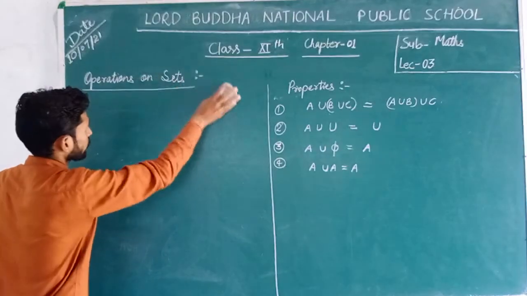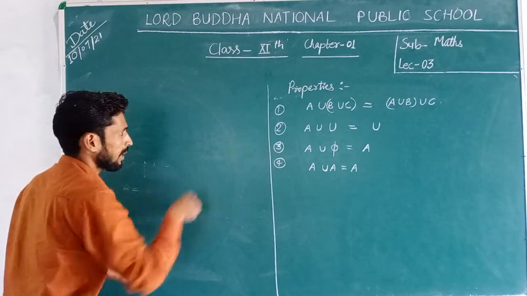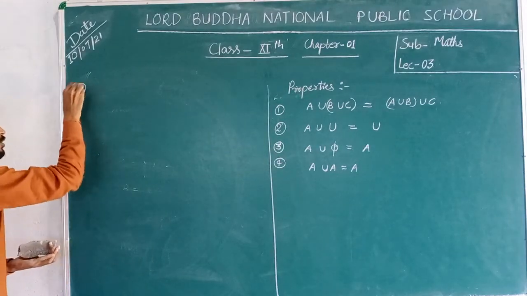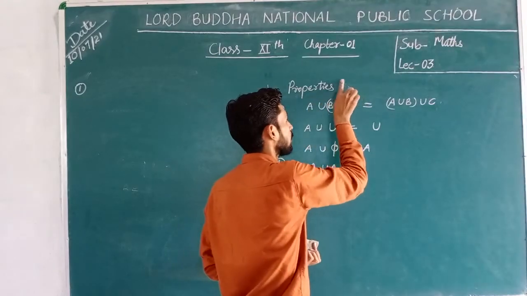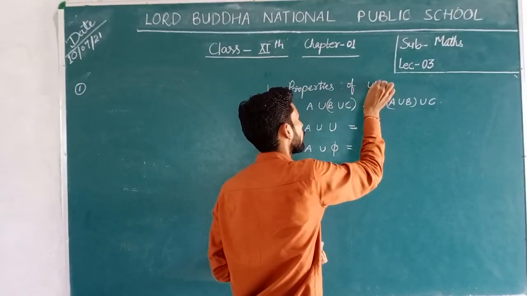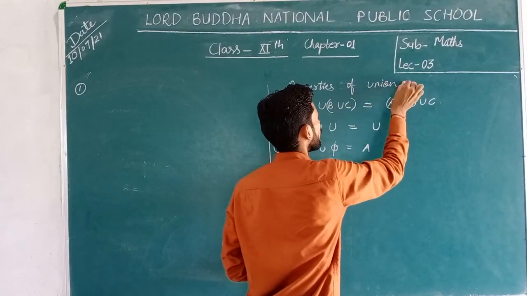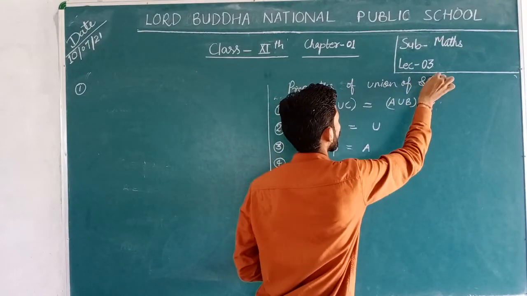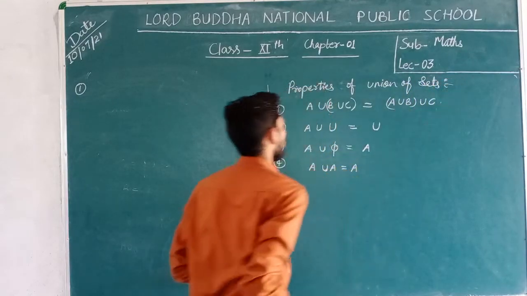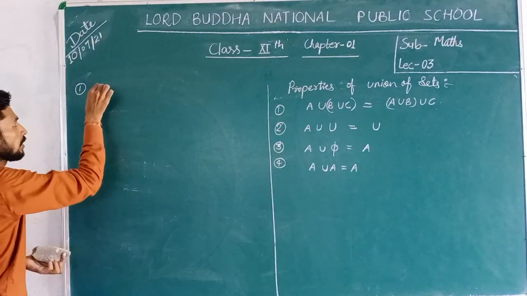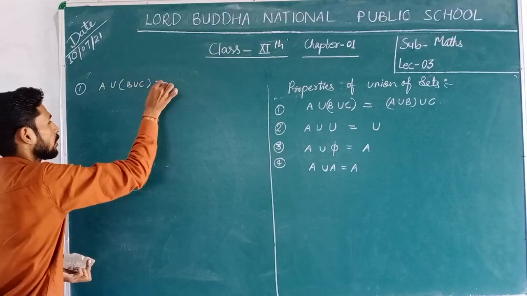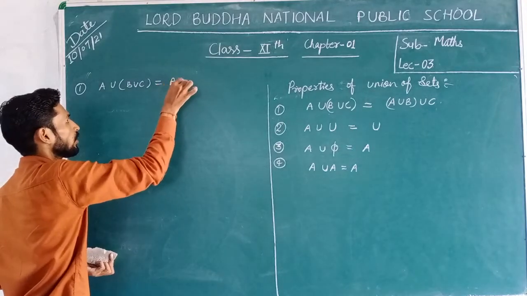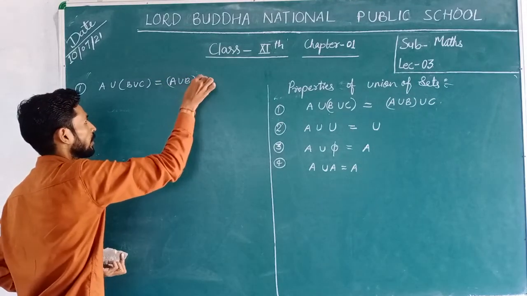Suppose that here we have the first property of union of sets. Properties of union of sets. Clear? So the first property is A union (B union C) equals (A union B) union C.